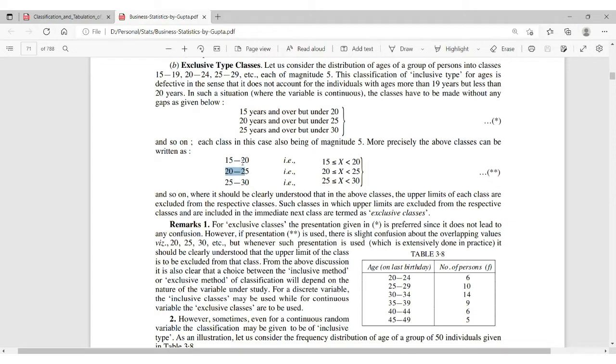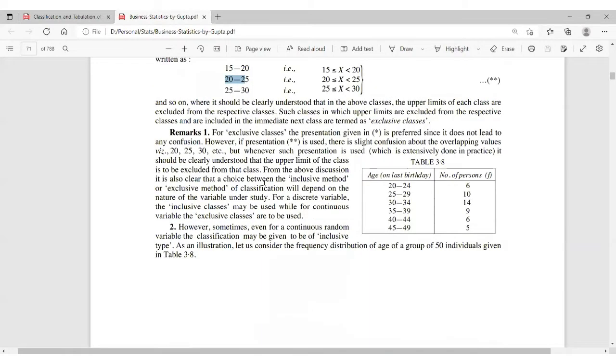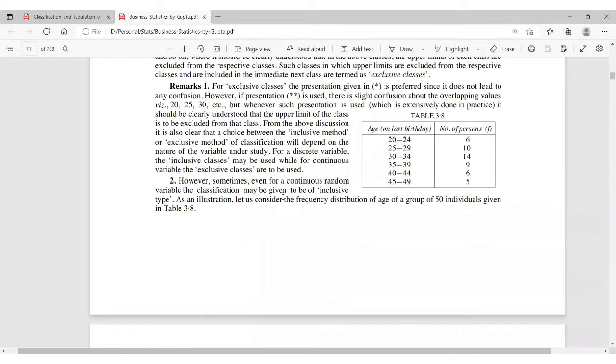We exclude for the upper limit, right? If any number comes 20, for example, in the variable, we must take it in the second class. Is it clear? Yeah, absolutely clear.